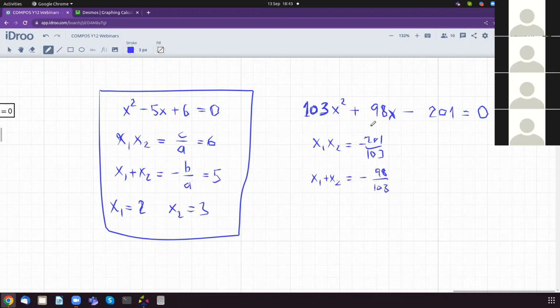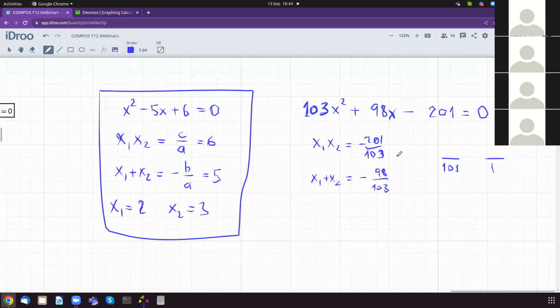So you need to find two numbers that multiply to 201 over 100 and add to 98 over 100. Now the denominator looks like a prime number, so it looks like it's going to be two numbers, and the denominator is going to be 103 in the first case, and it's going to be 1 in the other case.